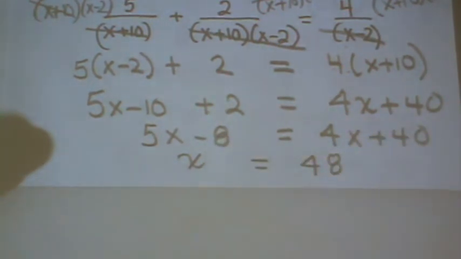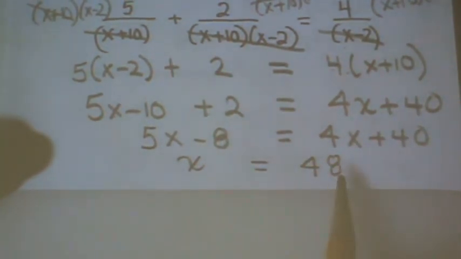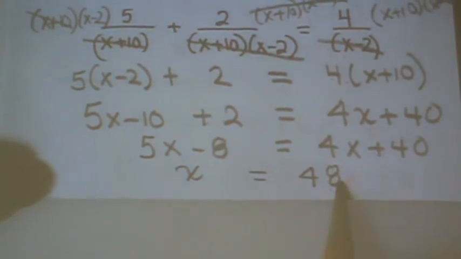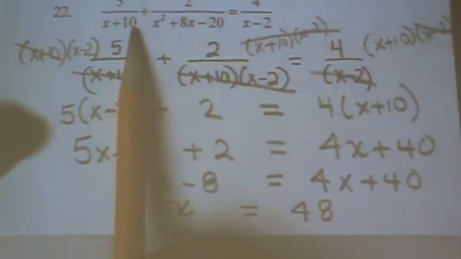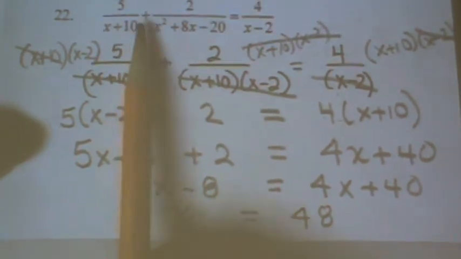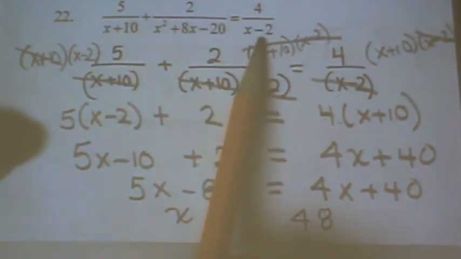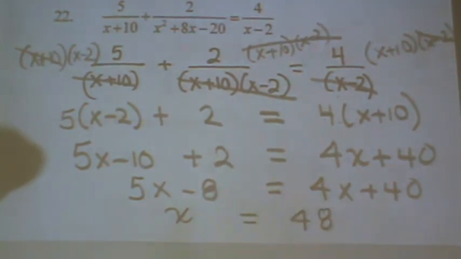Add 8 to 40, you get 48. Now, could 48 be a solution? Yes. The only two solutions you don't want are negative 10, because that would result in a 0 here, or 2. We're good, we got a 48.